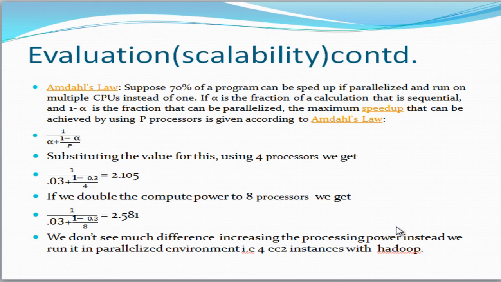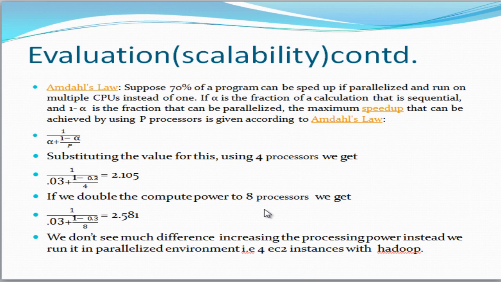So the maximum speedup that can be achieved using p processors is given by this law: 1 divided by alpha plus (1 minus alpha) divided by p. Now suppose we are using 4 processors and substituting the values, with 70% of the program parallelizable, we get the maximum speedup as 2.105.